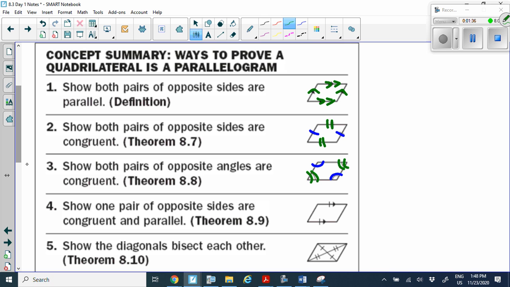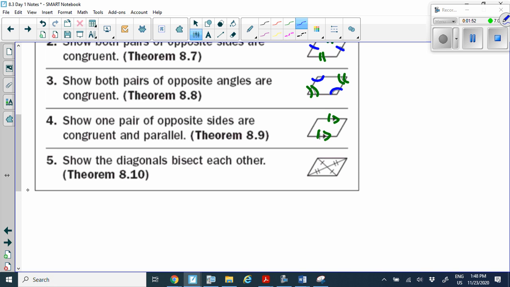Number 4, show one pair of opposite sides are congruent and parallel. So the single tick mark represents that they are congruent. And then don't forget, anytime you see an arrow on the sides when they're opposite, that means that they are parallel. And then our last one, which is theorem 8.10, show the diagonals bisect each other. Remember what that means, bisect.